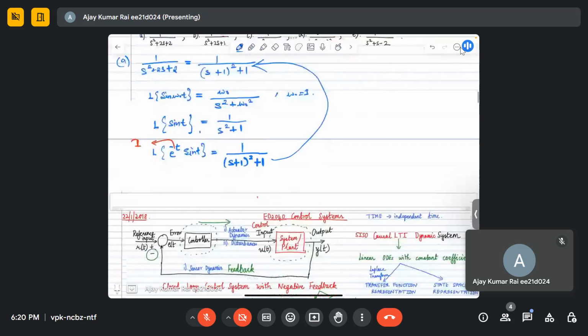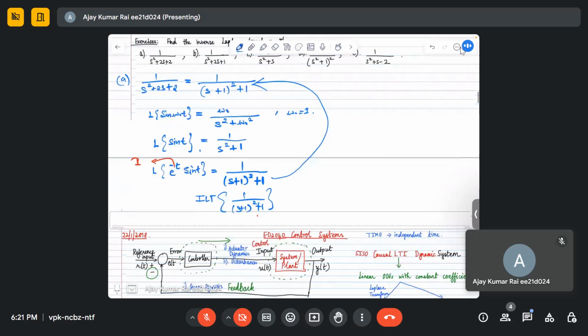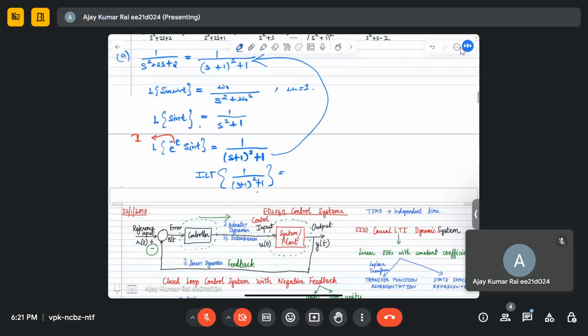So what is the inverse Laplace transform of this? The inverse Laplace transform of 1 by s square plus 2s plus 2 is e to the power minus t sine t. I hope you're getting it.